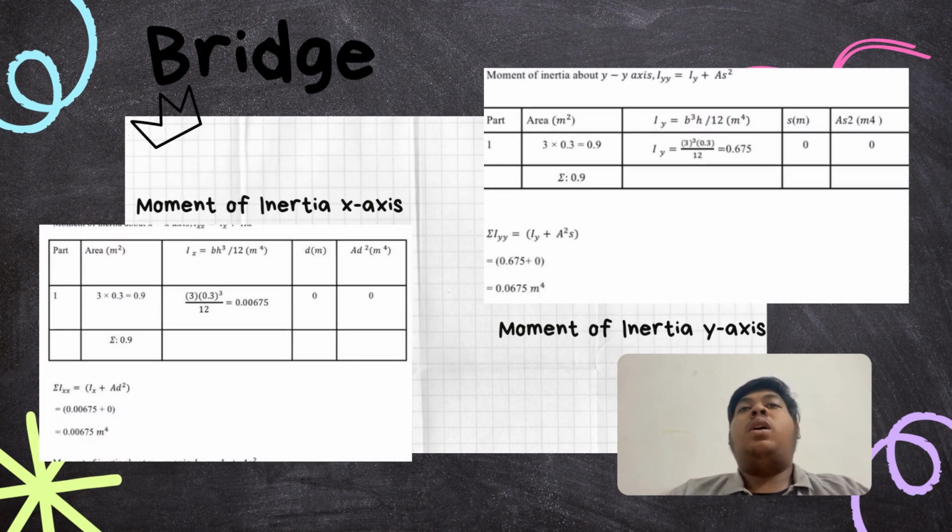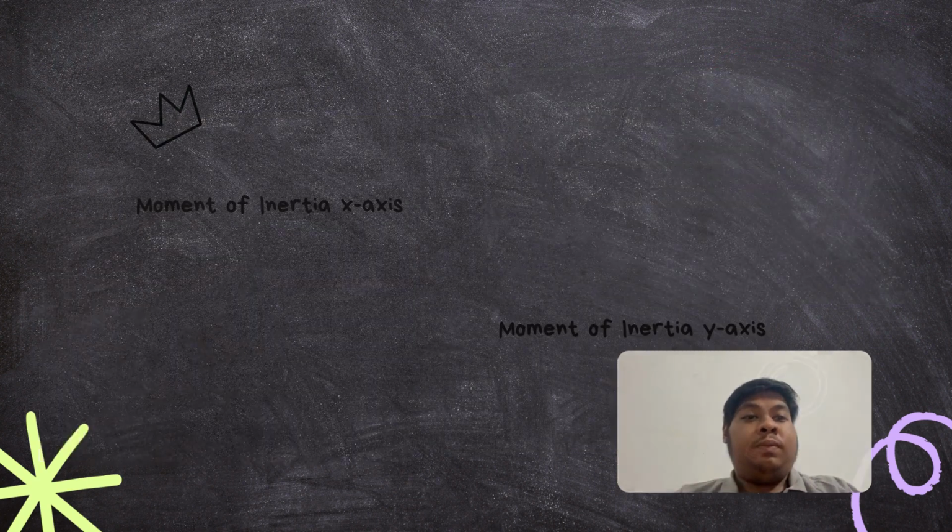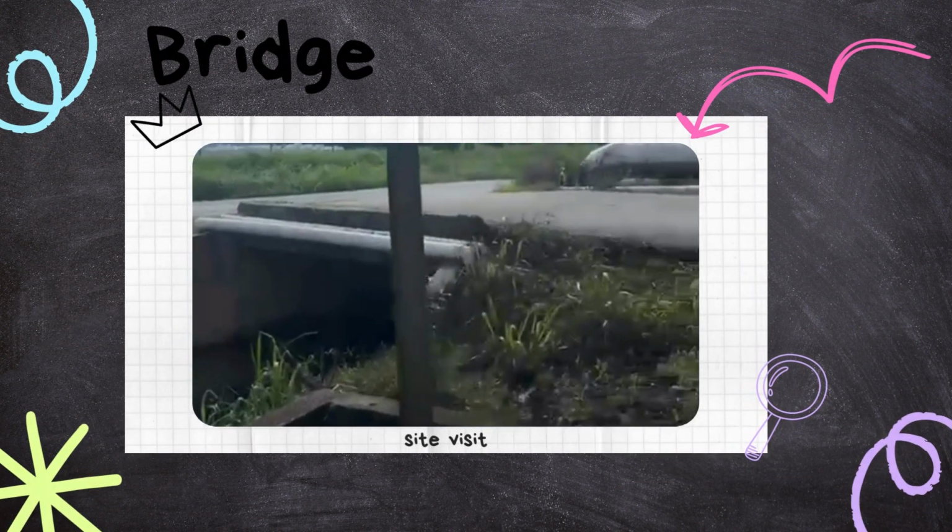For the moment of inertia for the y and x axis, first we must find the area, and we just put all the numbers into the formula shown: for x, Ix equals bh squared over 12, and for y, Iy equals b squared h over 12, and after that we can get the answer.